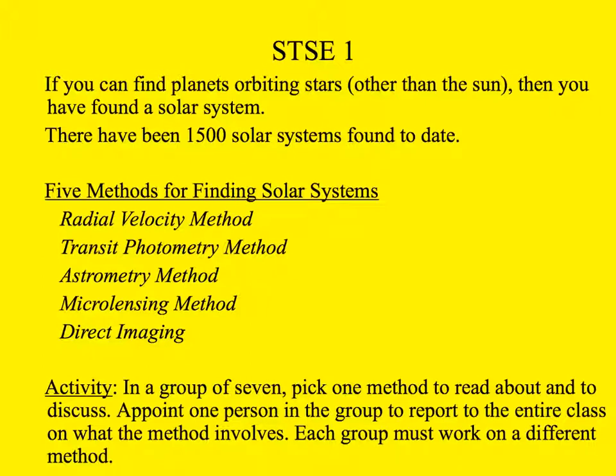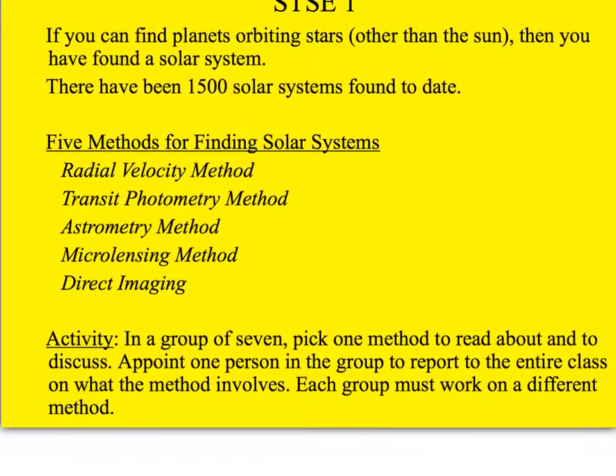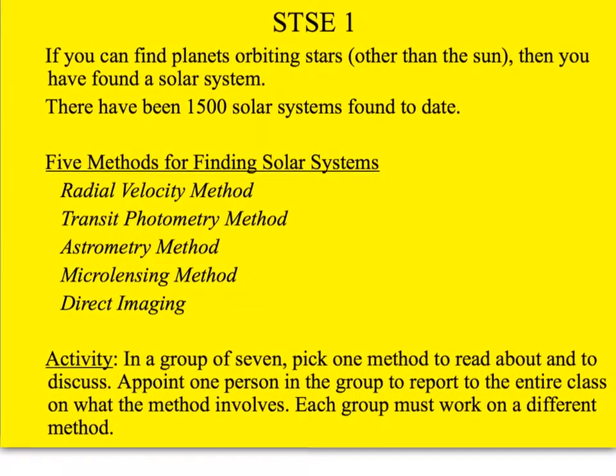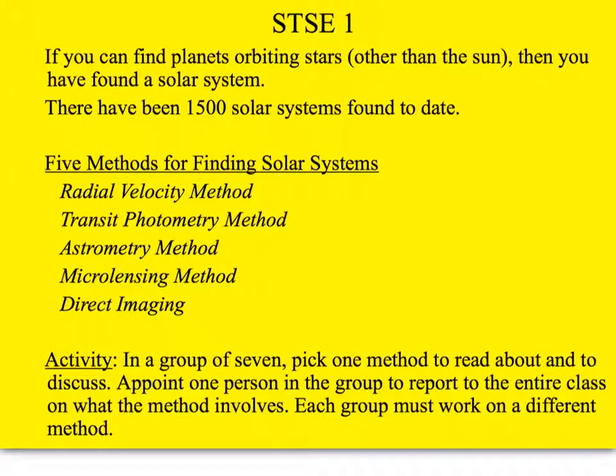So there's the radial velocity method, the transit photometry method, the astrometry method, the microlensing method, and the direct imaging method. Within the STSE, there's a really good description of how each of these methods is used. So out of the 1,500 solar systems found to date, it's safe to say that one of these 5 methods was used to find those.